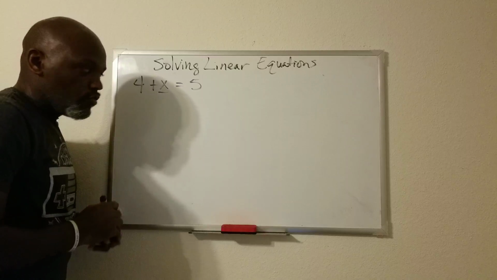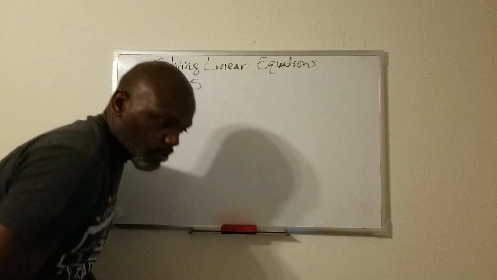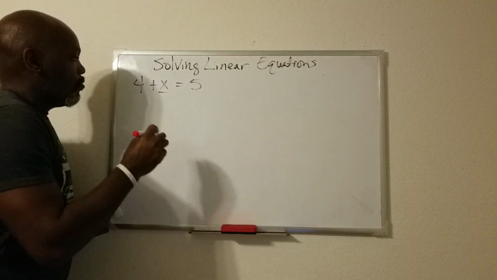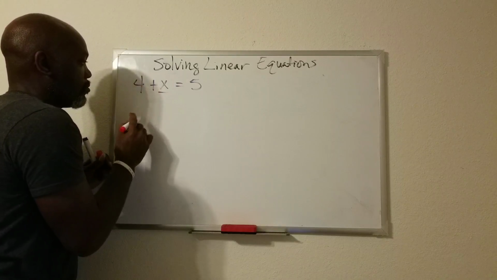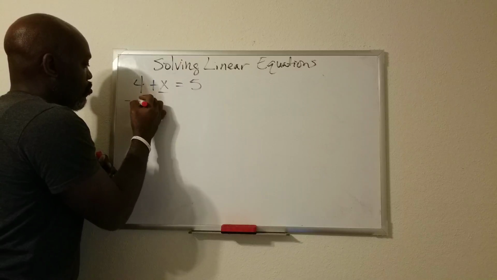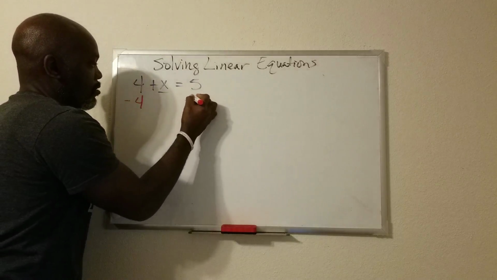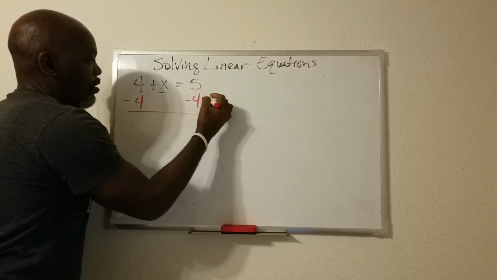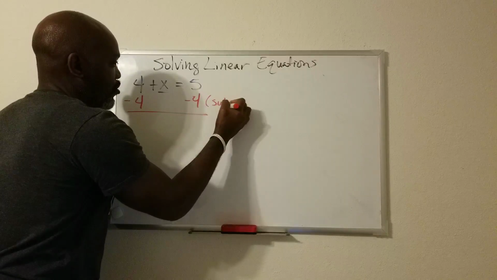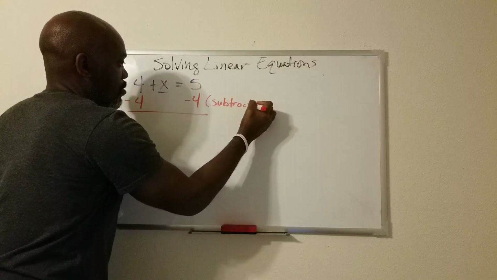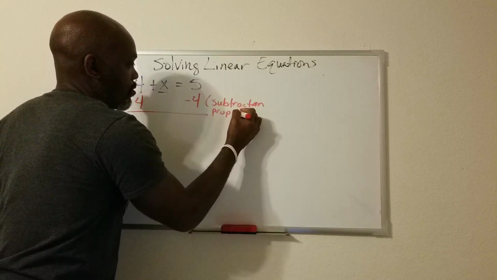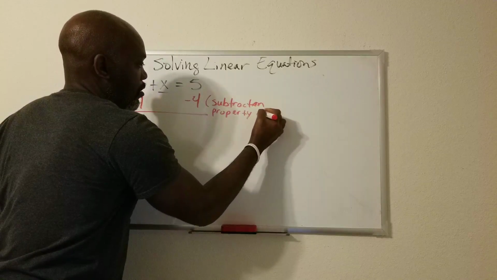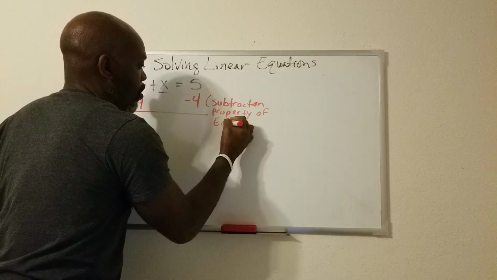All right, so in order to solve this, there are some vocabulary words that you need. What we did here is called the subtraction property of equality.